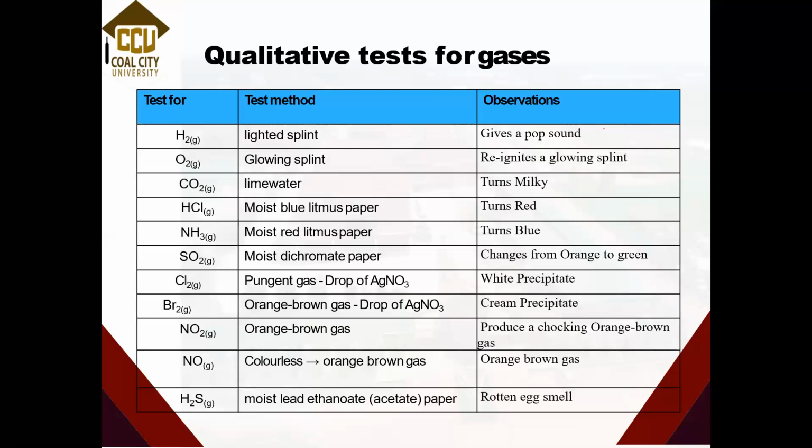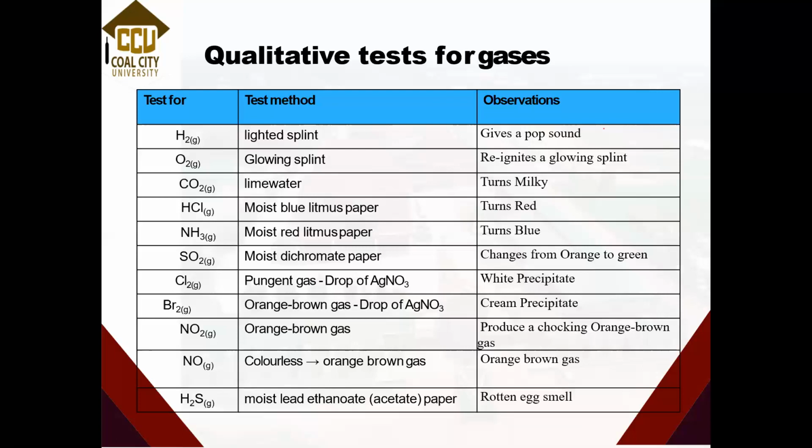Then for NO2 or NO, both of them, they have a quite ambiguous way of testing them. All we do is just put that particular substance in water. If you put it in water, it will produce an orange-brown gas. That's for NO2. But if I put the NO gas in water, it will move from a colorless solution to an orange-brown gas.